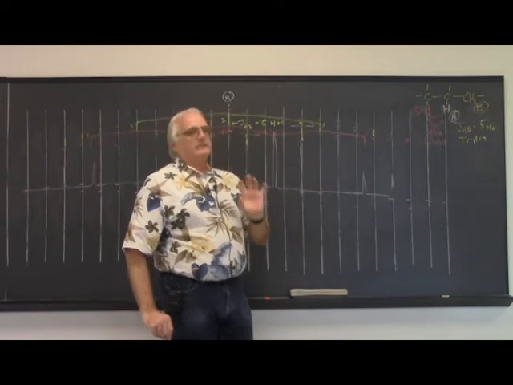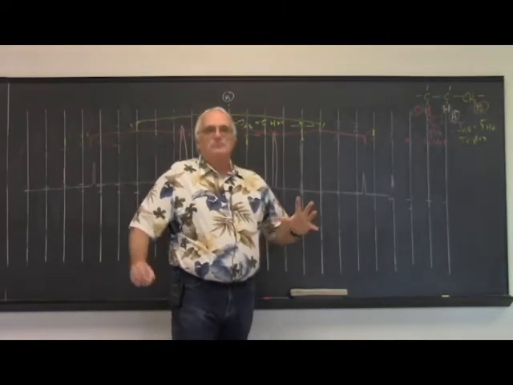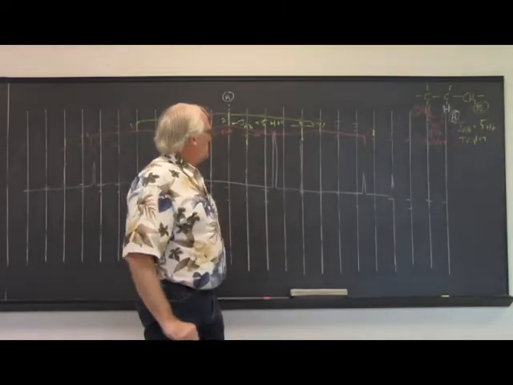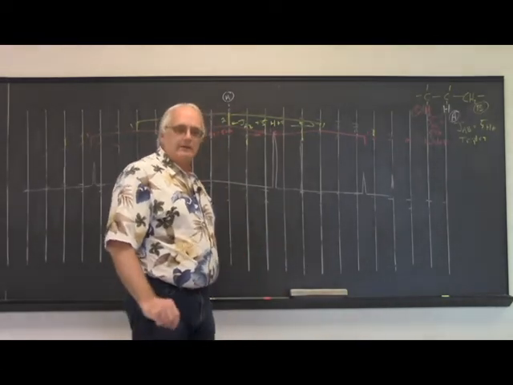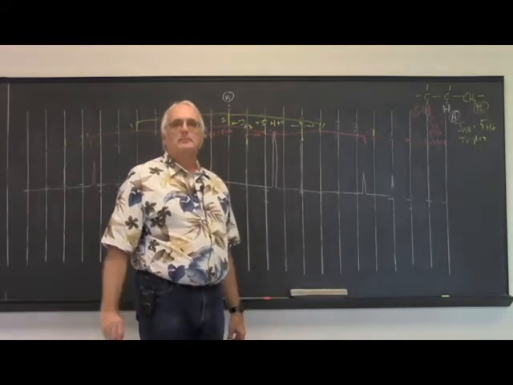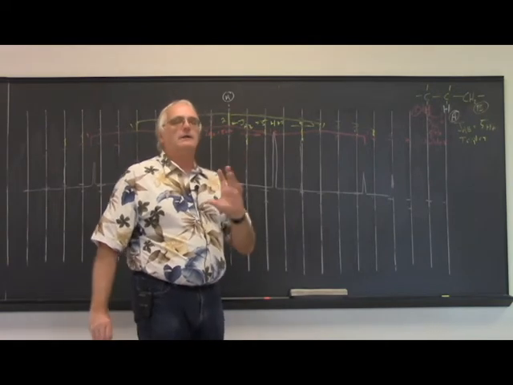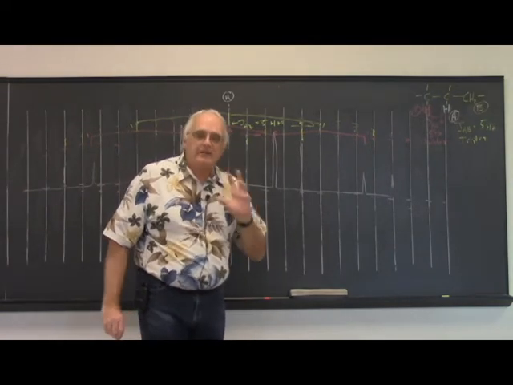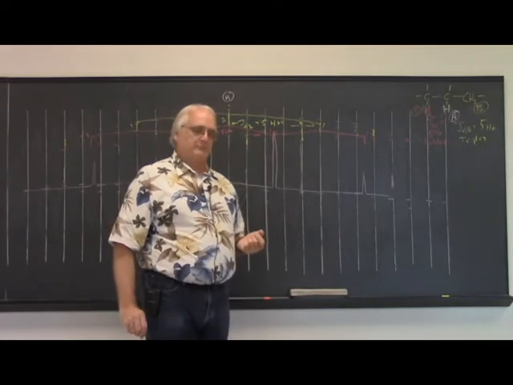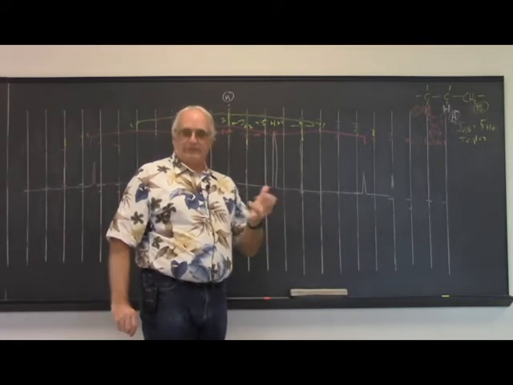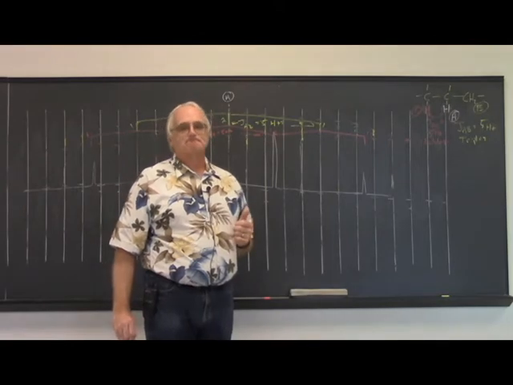If the coupling constants are the same, then we're back in the nice, pretty 1, 2, 1, 1, 3, 3, 1 quartets, 1, 4, 6, 4, 1 pentets, all of that glorious textbook coupling pattern stuff that you may have learned of previously and certainly have been talking about here.